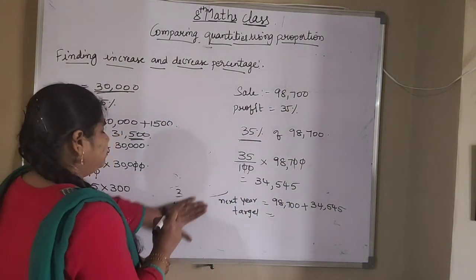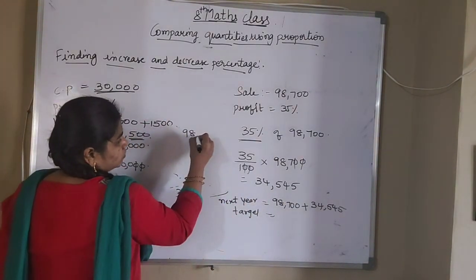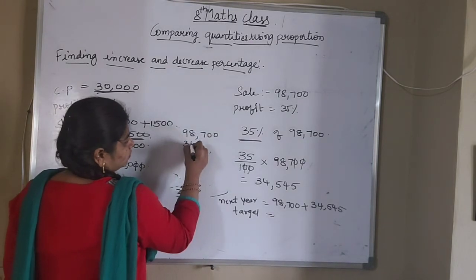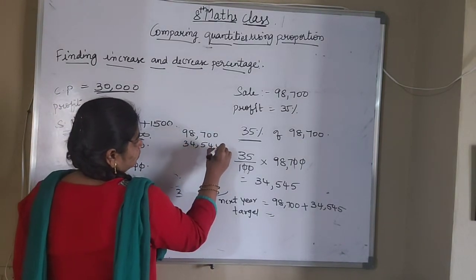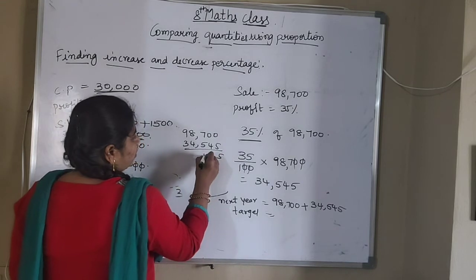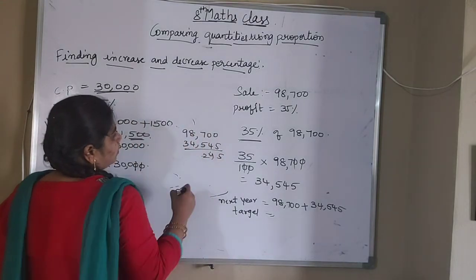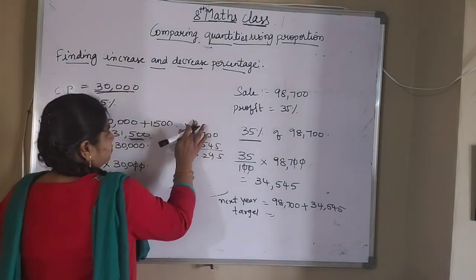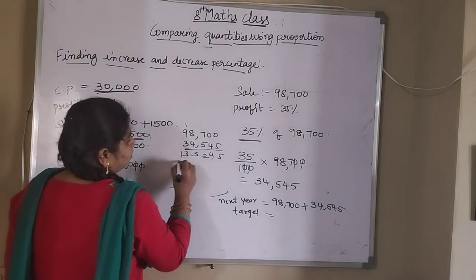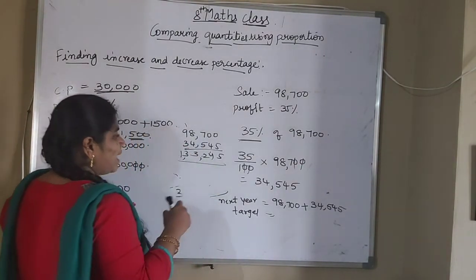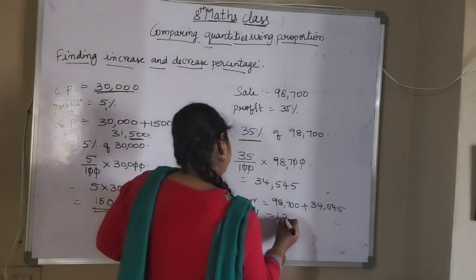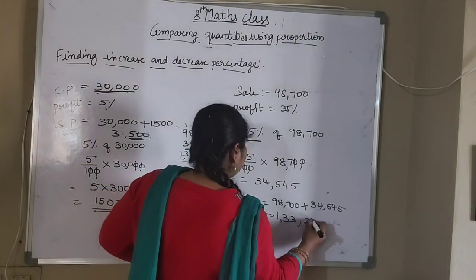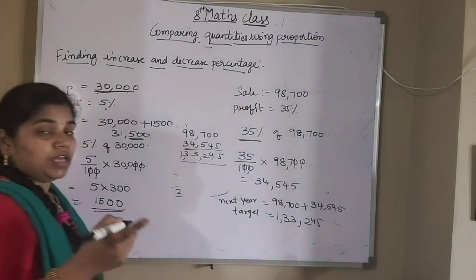Five, 4, 12, 13, 30. So how much you got? 1,33,245. So next year he wants the target.